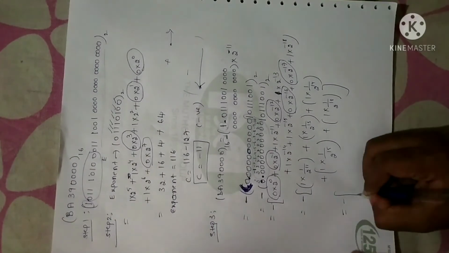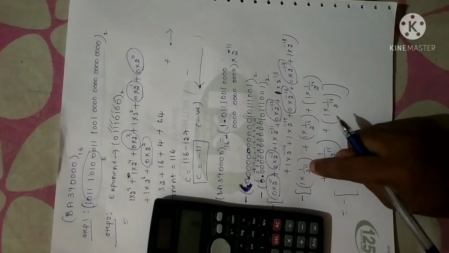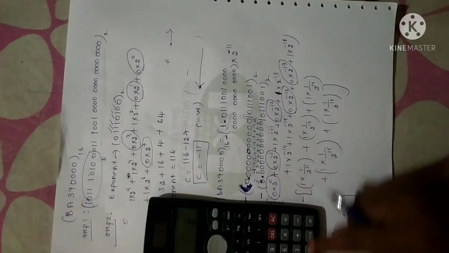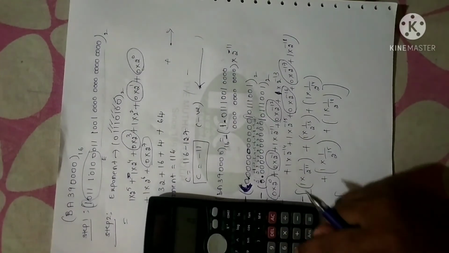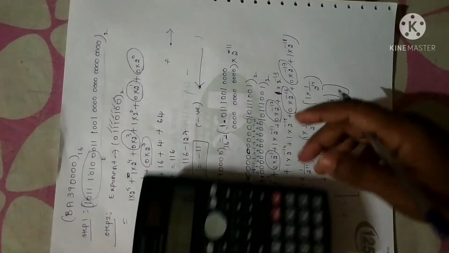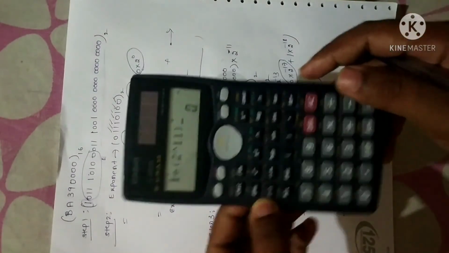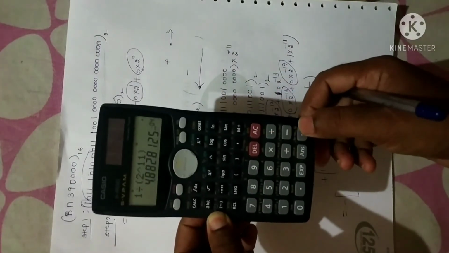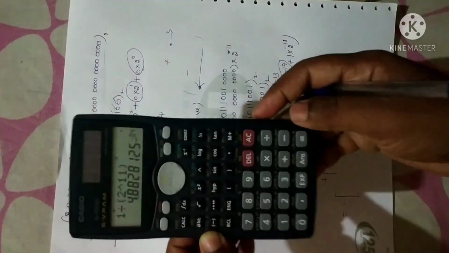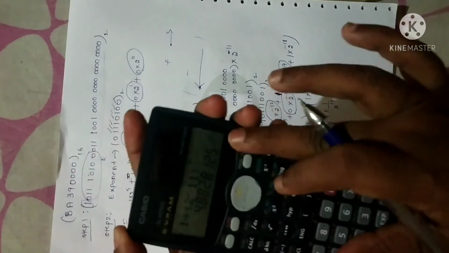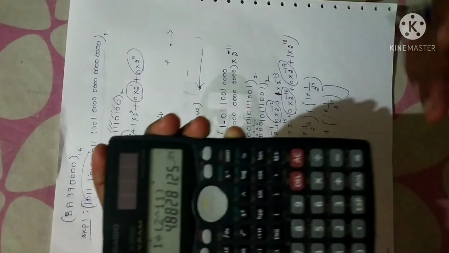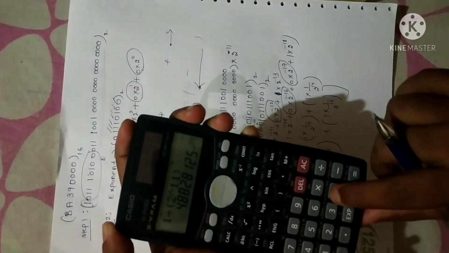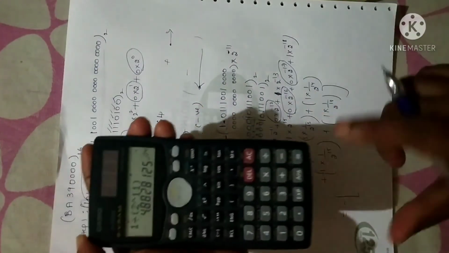Let me keep the negative sign as it is. Now let me calculate. 1 into anything will be 1, that value will be the same. So 1 by 2 power of 11 I have to calculate: 1 divided by 2 power of 11. So that will give us this value. Since you are going to get it in exponent in terms of 10 power, if you write all those terms it will become elaborate. Instead you just add with the rest of the values.